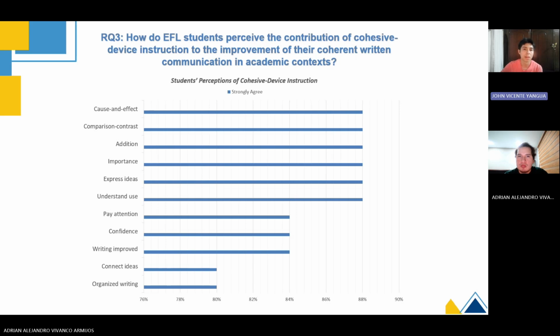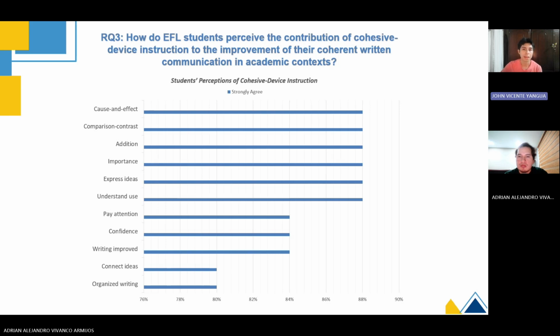As shown in the graph, the highest percentage corresponds to the strongly agree responses across almost all statements, indicating that students evaluated the intervention very positively. Most students agreed that the lessons helped them better understand the functions of cohesive devices and recognize the logical relationships that connectors express.